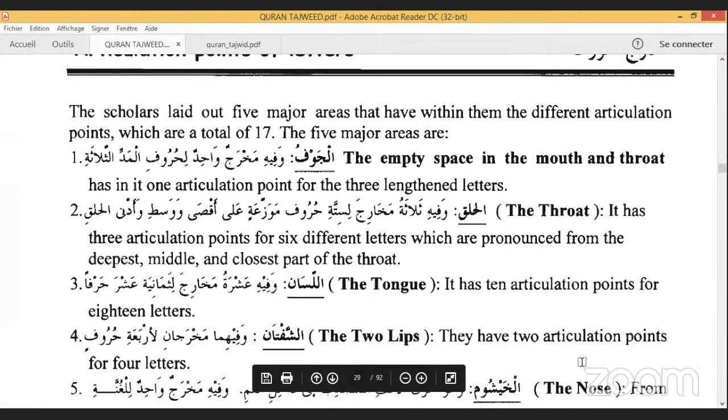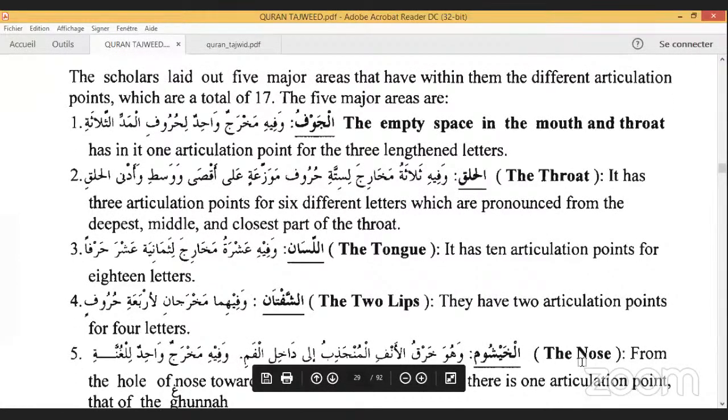So the scholars laid out 5 major areas that have within them the different articulation points, which are a total of 17. The 5 major areas are the empty space in the mouth and the throat, which we call the jawf.